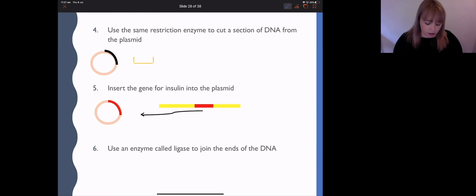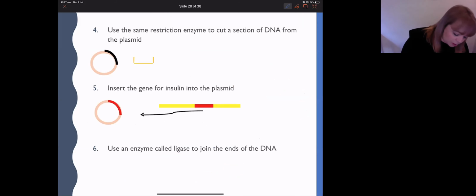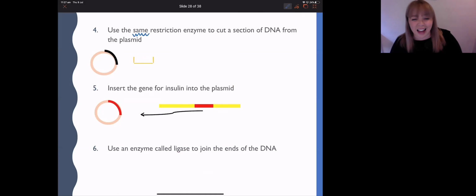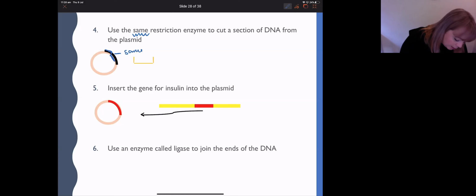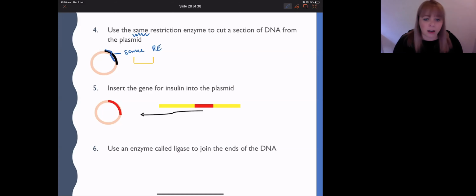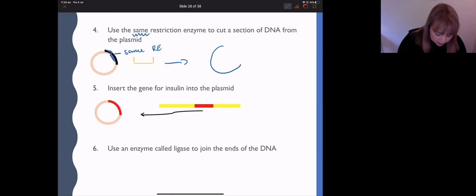So now what we're going to do, and this is the really important bit, is use the same restriction enzyme to cut the plasmid. So we can cut that here. This is the same restriction enzyme as before. And now we end up opening up our plasmid, and it'll have sticky ends on either end. So here we've got our open plasmid.